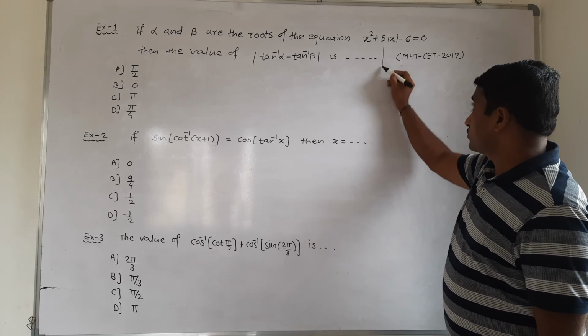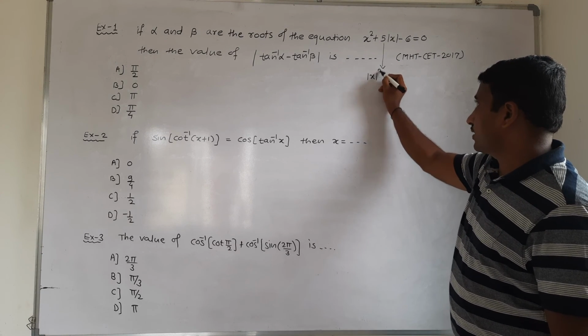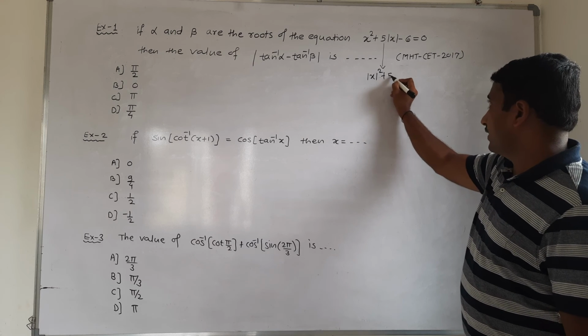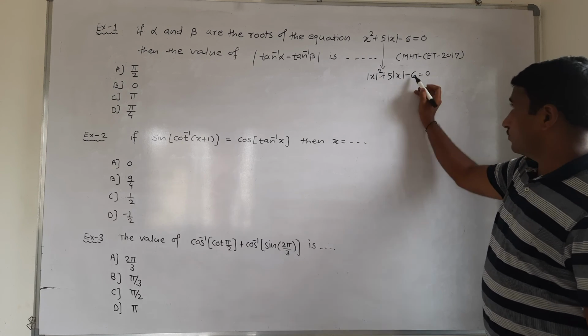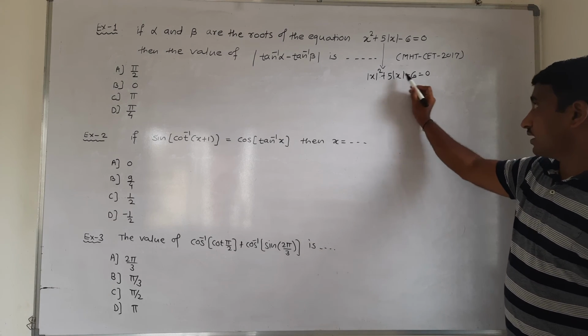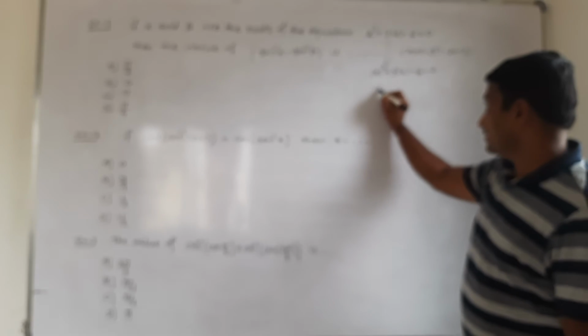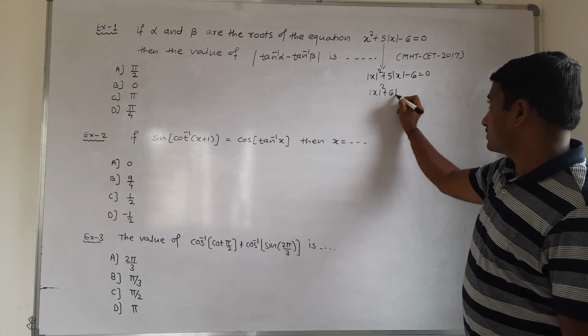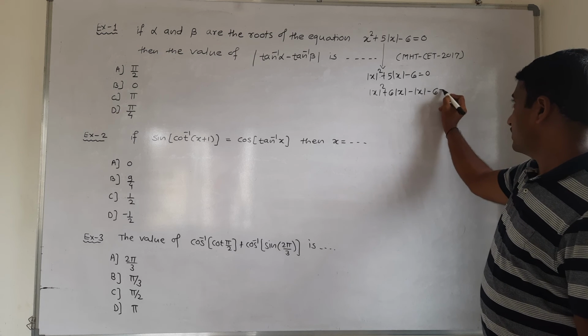Now the roots of this: modulus x square plus 5 modulus x minus 6 is equal to 0. We want multiplication minus 6 and addition 5, that is 6 and minus 1. So modulus x square plus 6 modulus x minus modulus x minus 6 is equal to 0.